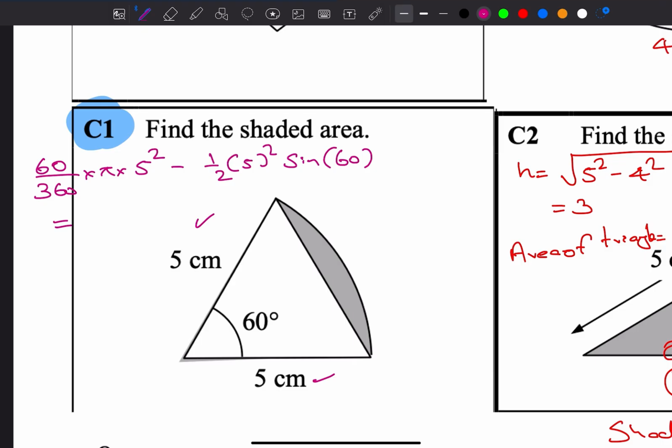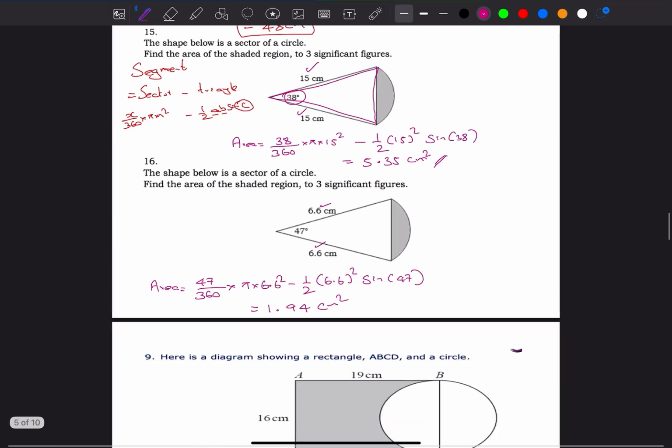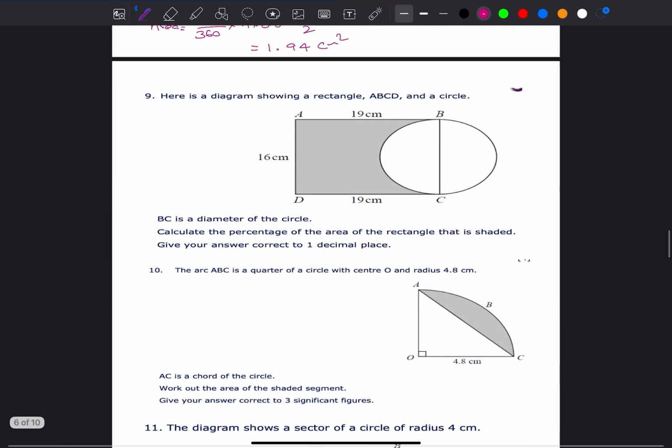That will give you 2.26 centimeters squared. Just make sure you type in the calculator properly, and that should be good. Okay, good, and that's how you do that question.